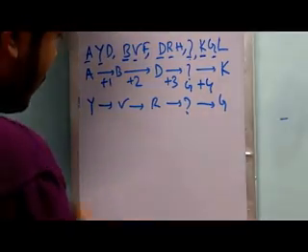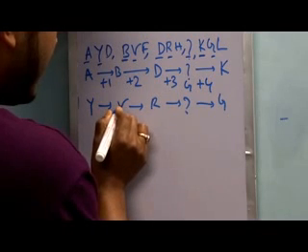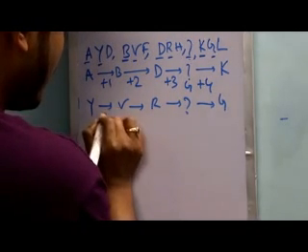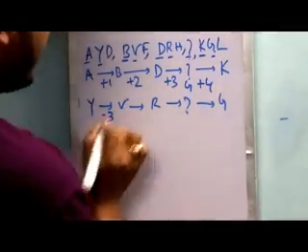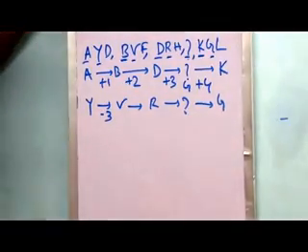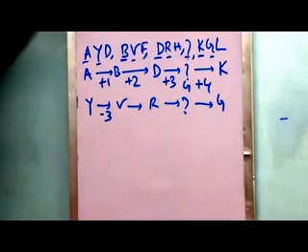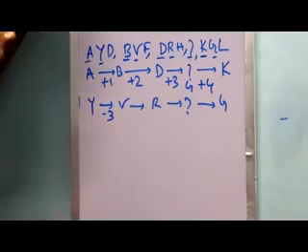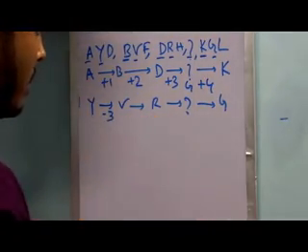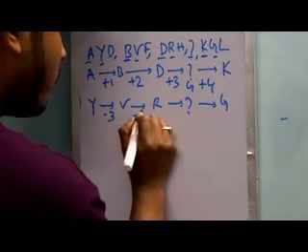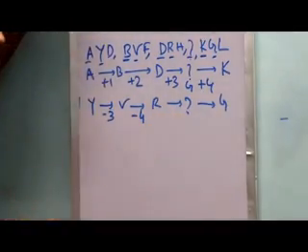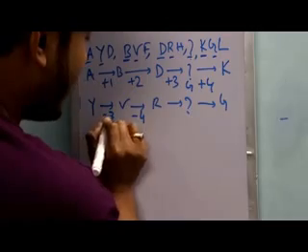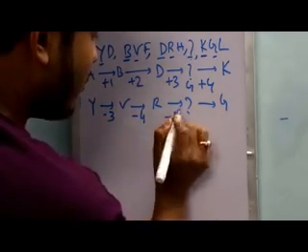Y minus 3 equals V. That means V comes just third letter before Y. Similarly, R comes in the fourth position before V. So -3, -4, and obviously that will be -5.